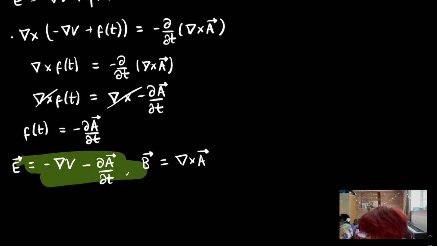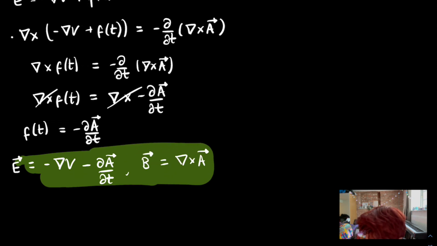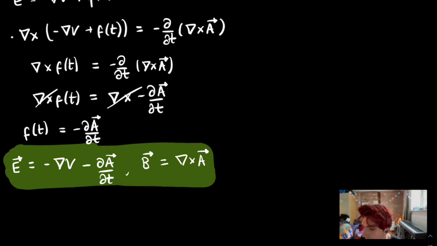So these are our two equations which relate the potential, which is really more of a mathematical convenience than anything else, to our physical quantities, which are the electric field and the magnetic field. And so what we can do with that is go ahead and rewrite Maxwell's equations.